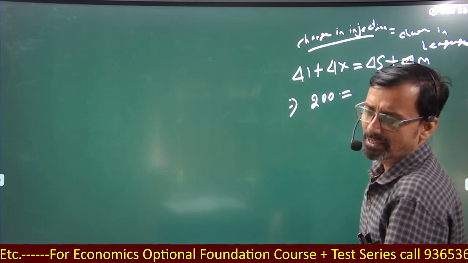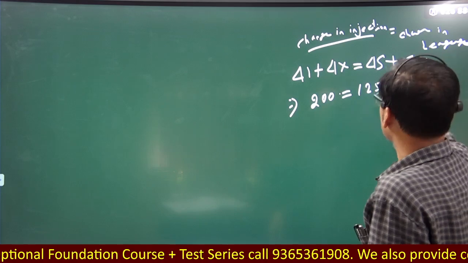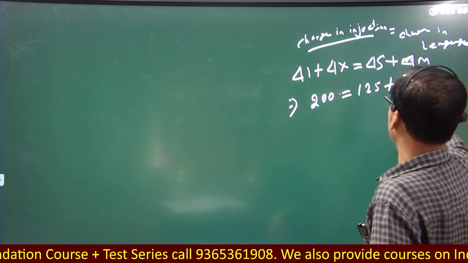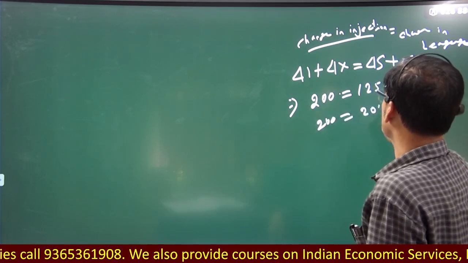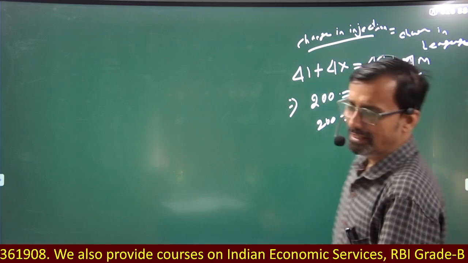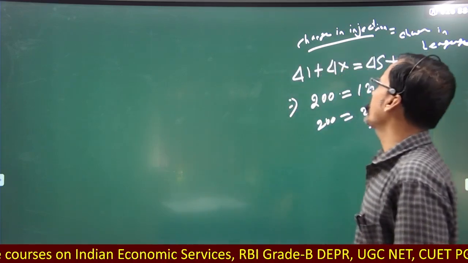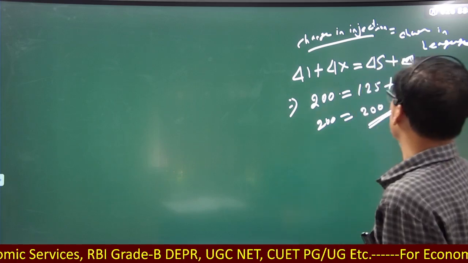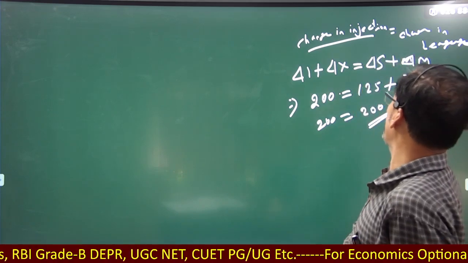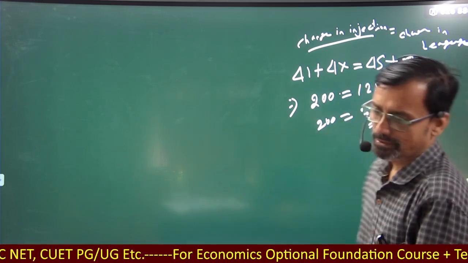Saving has changed by 125 and import has changed by 75. Obviously 200 equals 200. So this is how the foreign trade multiplier can be explained with the aid of injections and leakages of the income stream. Thank you.